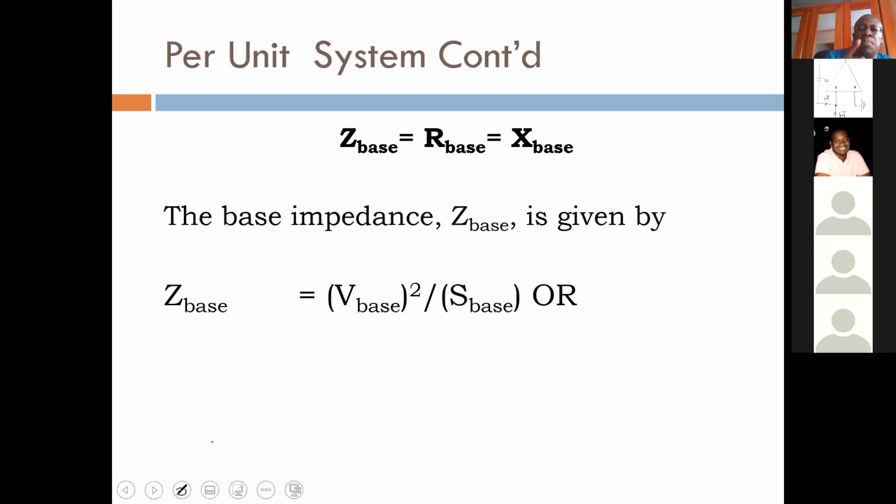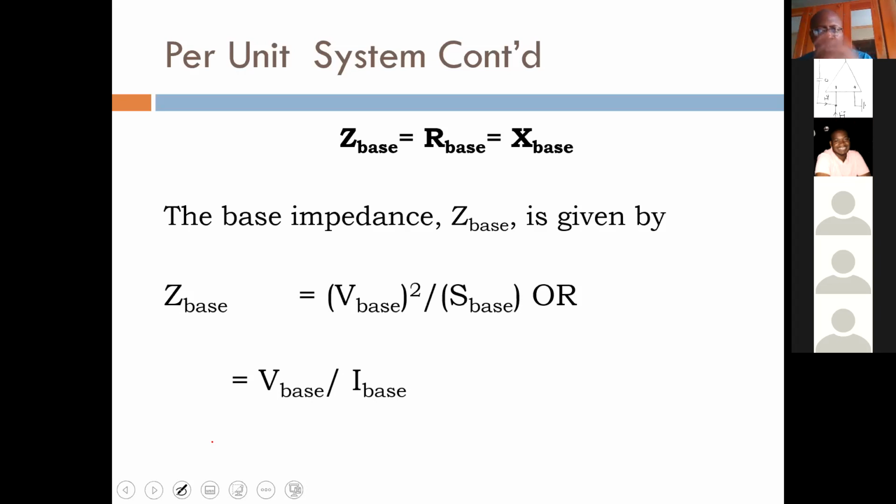Or in other words, based on what we have here, Z base is also equal to V base over I base. So whichever you prefer.